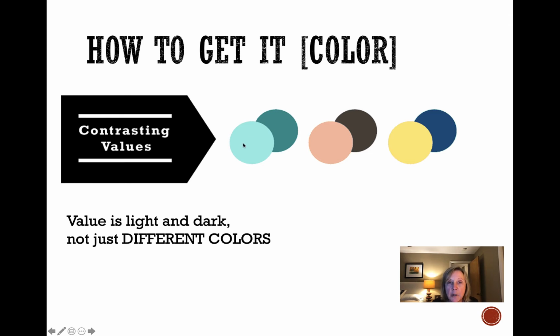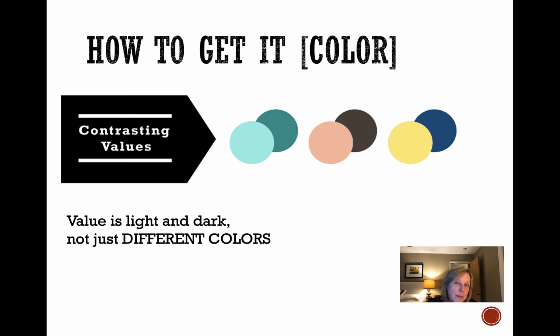They create contrast. Here we have this low value brown and this high value peach. They create contrast. Here we have a low value blue and a light value yellow. One way to visualize this is to imagine that you took this image and ran it through a black and white color copier.